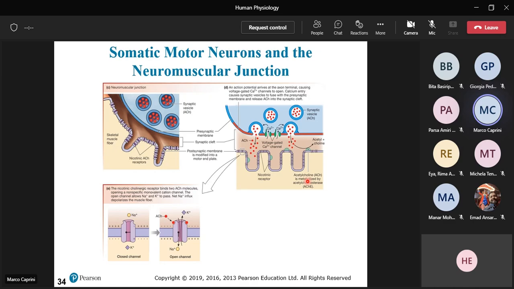But at the molecular level, the transduction of this chemical signal, acetylcholine, is converted into an electrical signal, and then this electrical signal needs to produce an increase of calcium ions.